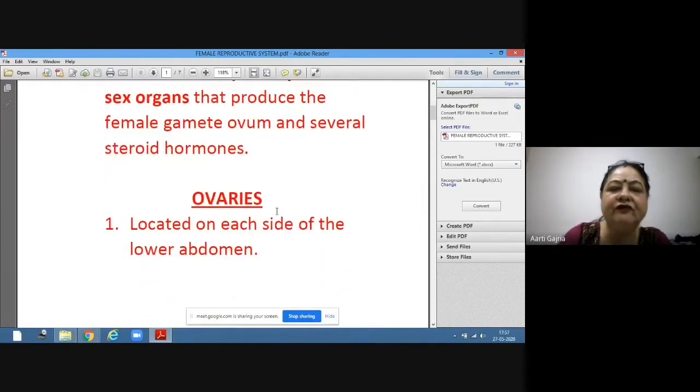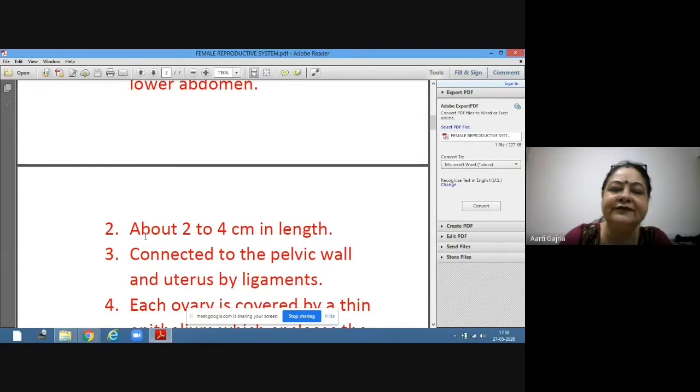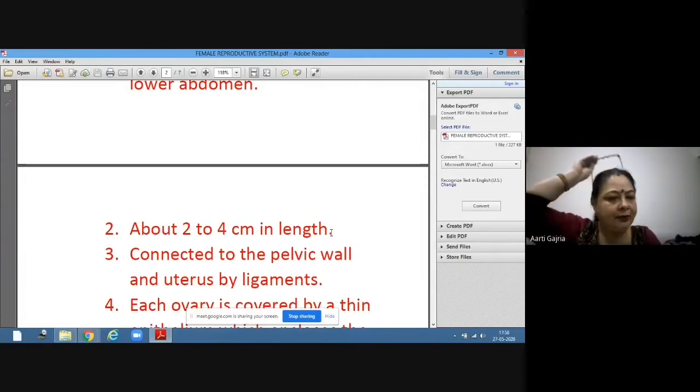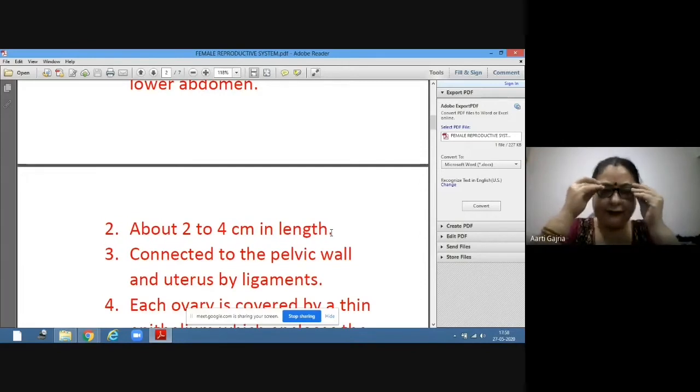Now, first of all, we will see the structure of ovaries. Ovaries are located on each side of the lower abdomen. Each ovary is about 2 to 4 centimeter in length.